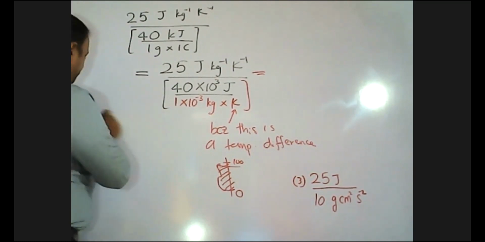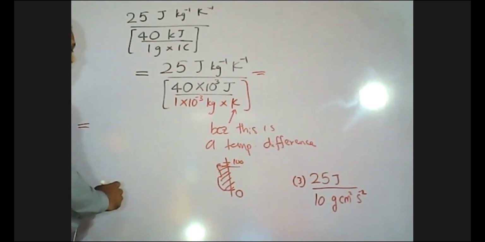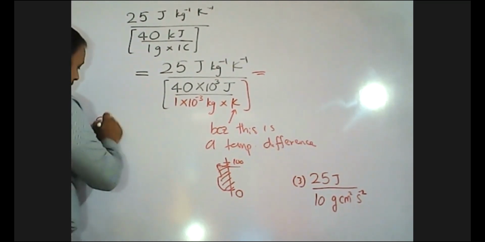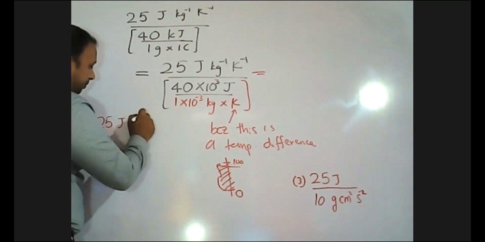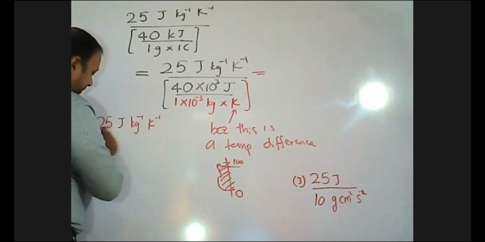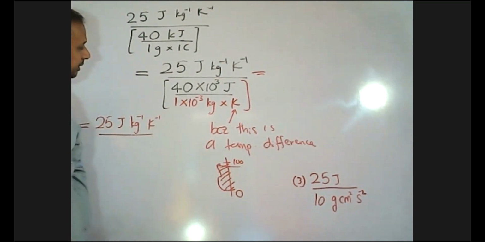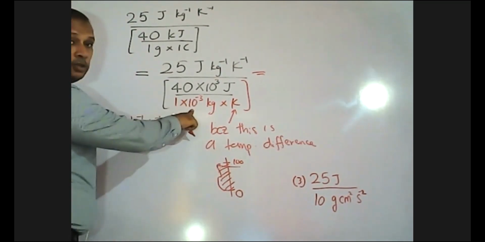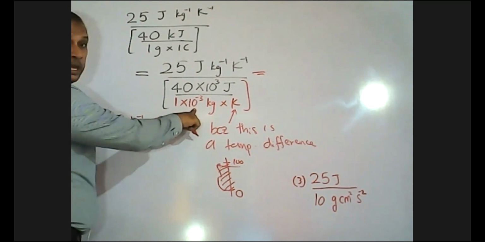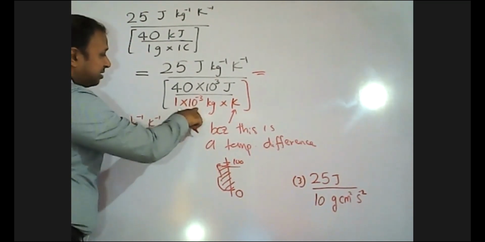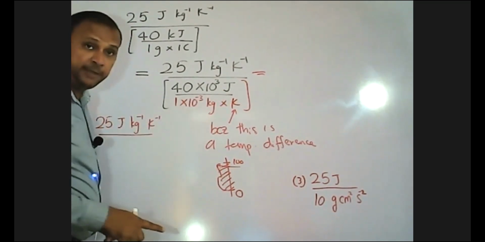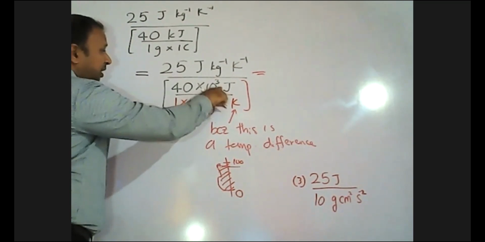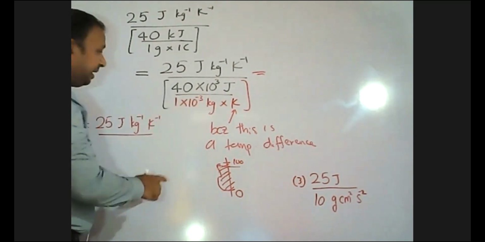Okay, then 25 joule per kilogram per Kelvin is equal. You have to bring this 10 to the power minus 3 into here, then it becomes 10 to the power 3. 10 to the power 3 into 10 to the power 3 means 10 to the power 6.